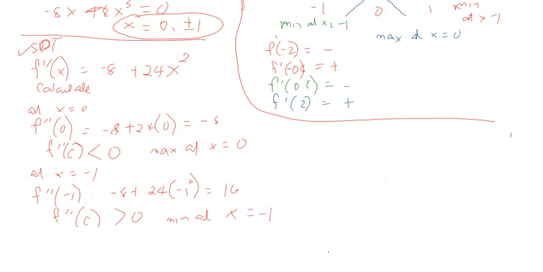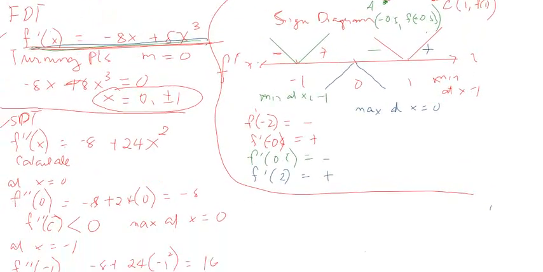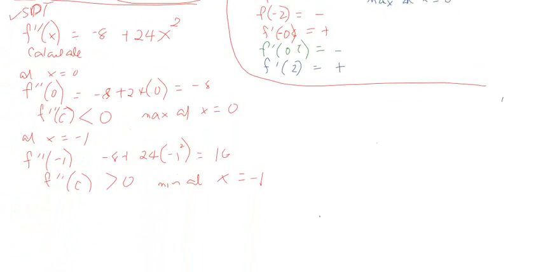So you can see that also in the drawing we have here or from the previous solution. And lastly, let's check how about if our x is equal to 1. So at x equals 1, f double prime of 1 gives us negative 8 plus 24 times 1 squared, which is also 16. So it has the same interpretation: when our second derivative is greater than 0, we shall have a minimum at that point.